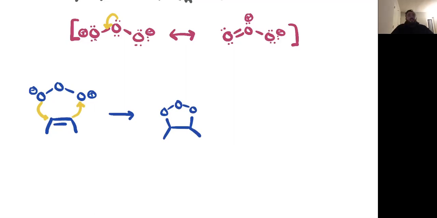It's not weak enough to break spontaneously on its own, but something else can drive it to break. And that's going to be that the carbon-carbon bond over here breaks to form a strong carbon-oxygen double bond, breaking this oxygen-oxygen bond that you see over here.